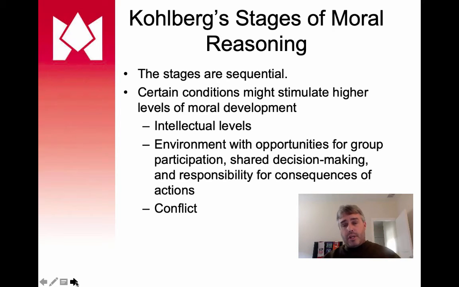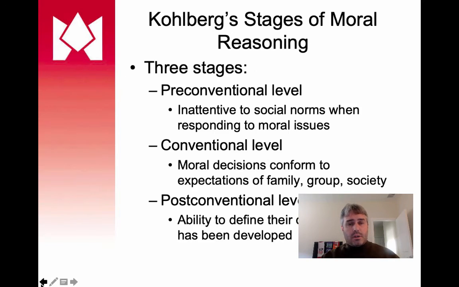If they're in that conventional level where they're trying to conform to a group, but at the same time they realize that something's just not right here, right? In those cases, they may be able to define their own moral values, irrespective of what the group around them is coming up with, and that would move them quicker into that post-conventional level.